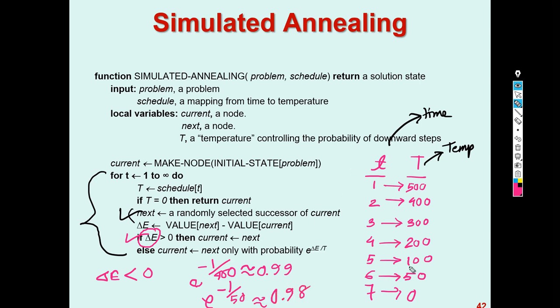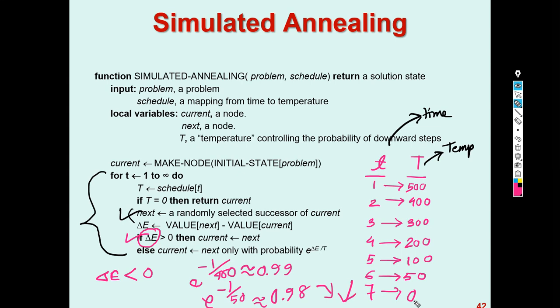Okay, so what we have seen here is that bad moves are likely to be allowed at the start when the temperature is high, and they become more unlikely as the temperature decreases. For lower values, you will keep on seeing that the value of probability keeps on decreasing.